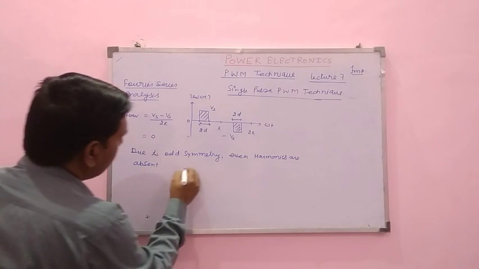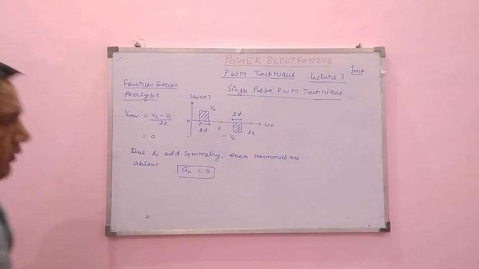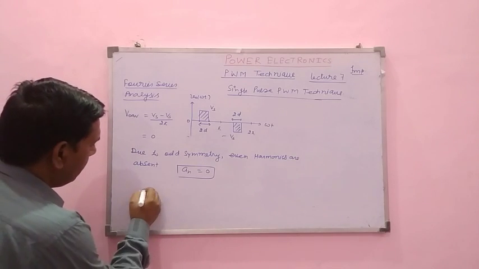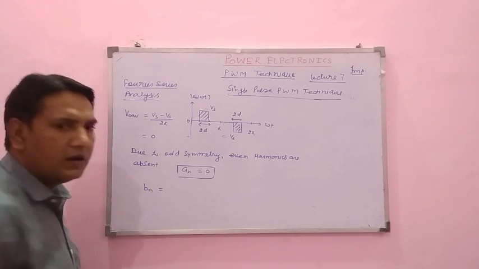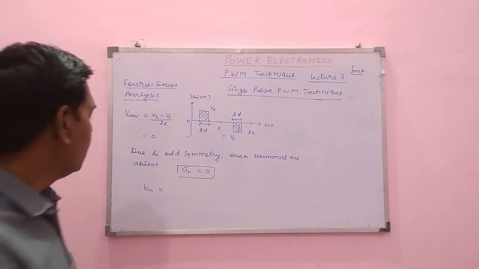It means the coefficient an will be equal to 0. So we have to calculate the value of bn. bn is nothing but the coefficient that provides the odd harmonics.